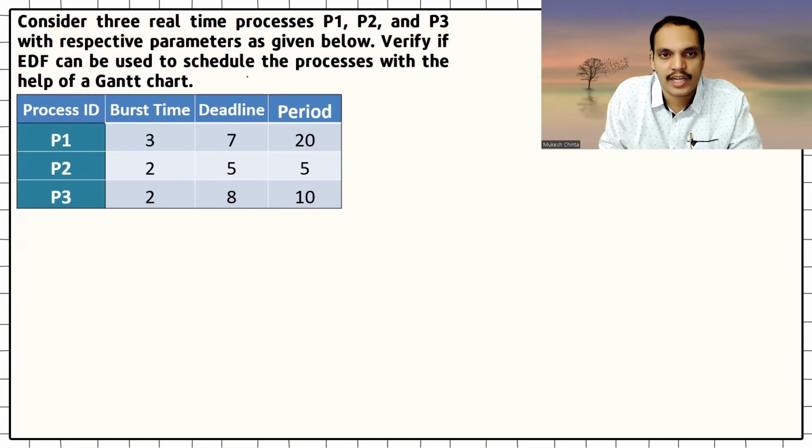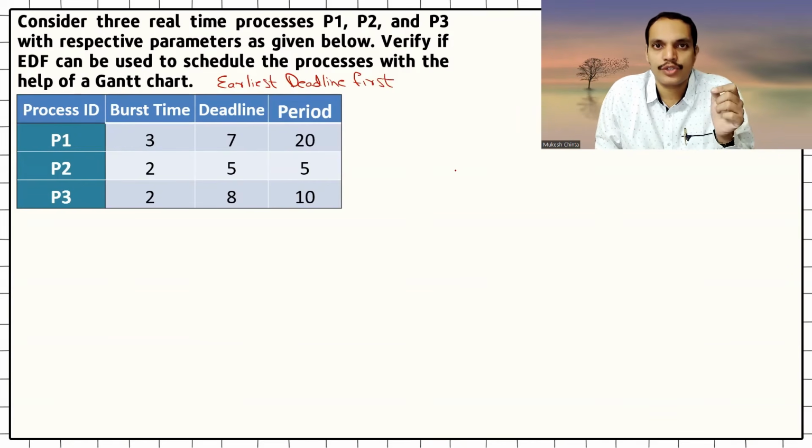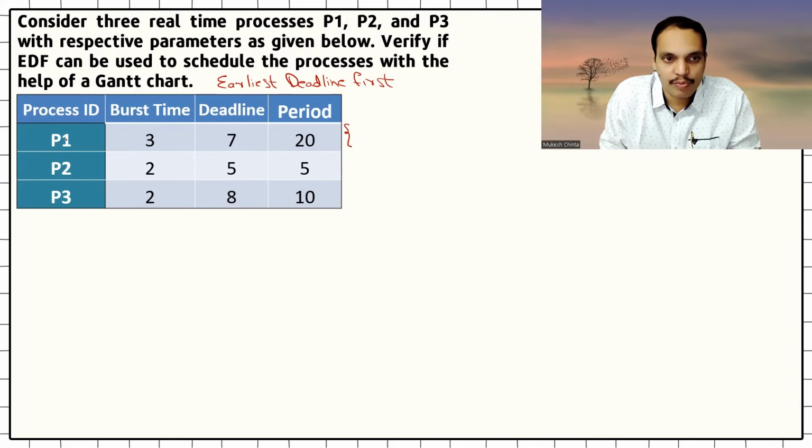EDF actually stands for earliest deadline first. This is a kind of dynamic priority scheduling algorithm which is used in real-time scheduling. As I told you earlier, in order to work this problem, I write down the periods at which P1 gets repeated: 0, 20, 40, and so on.